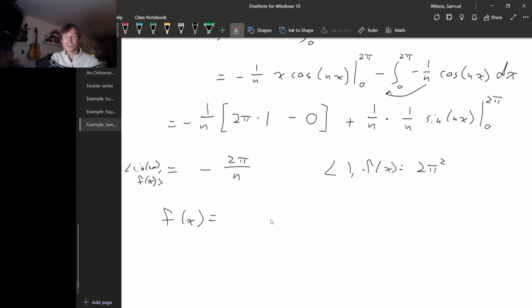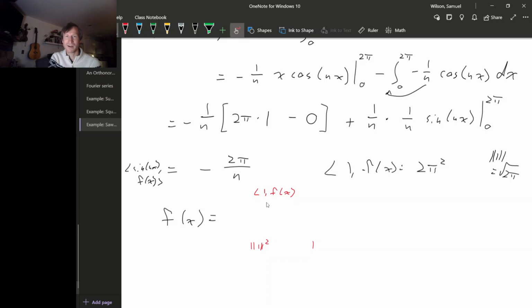So first our constant term. Remember that the norm of the basis function 1 wasn't pi, or wasn't the square root of pi. It was the square root of 2 pi. So we do the inner product divided by the square of the norm times the basis function that we're on.